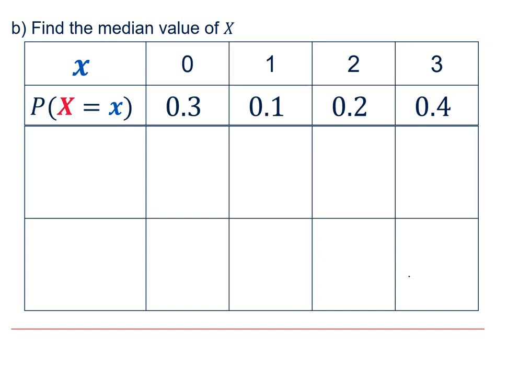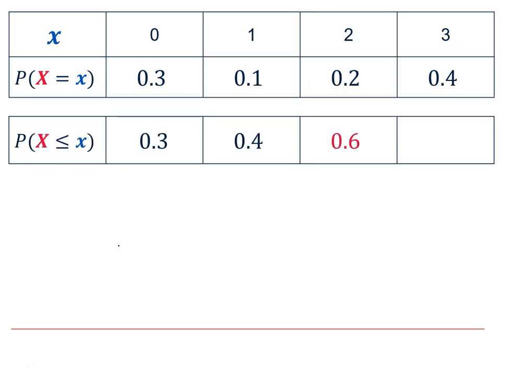If we look at the median value, then obviously we need to work out our cumulative probability, and you don't have to do both of these, greater than or equal to, or you could do the probability of getting less than or equal to, and we need to find the value for x where we get to or exceed 0.5.